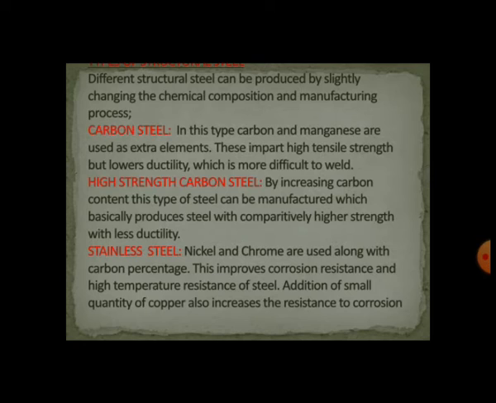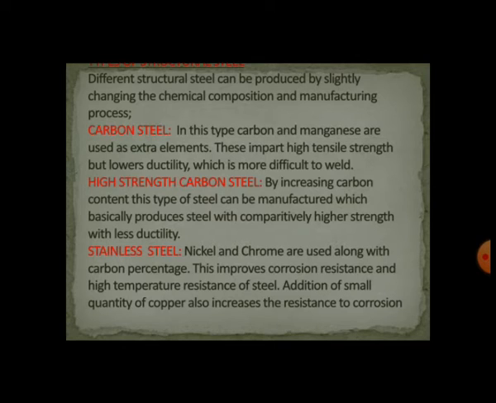So what are the types of steel? Different structural steels can be produced by slightly changing the chemical composition and manufacturing process. Look here, we have carbon steel, high strength carbon steel, stainless steel. In carbon steel, carbon and manganese are used as extra elements.